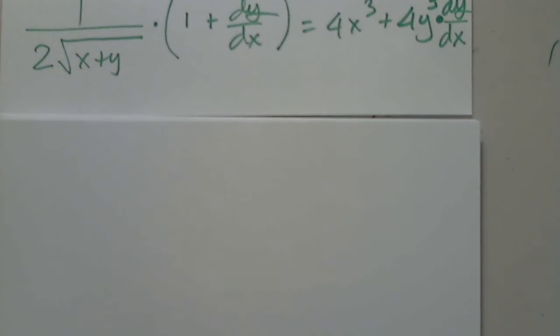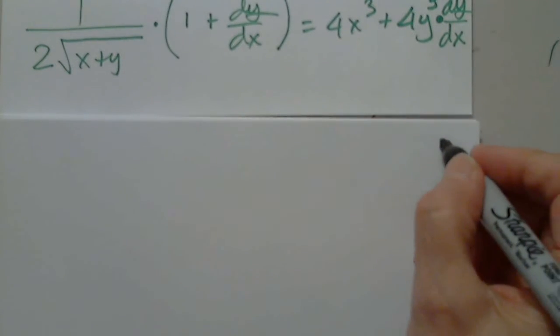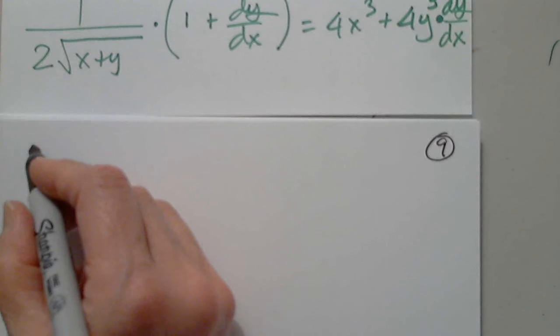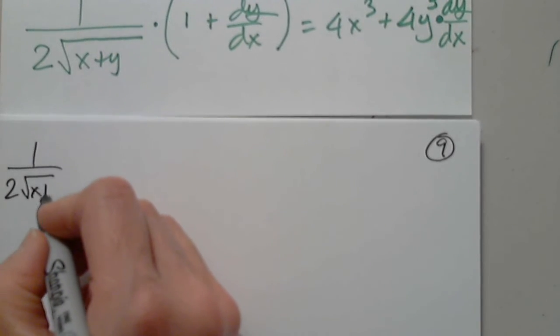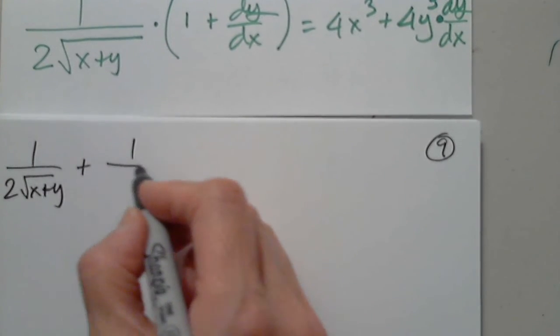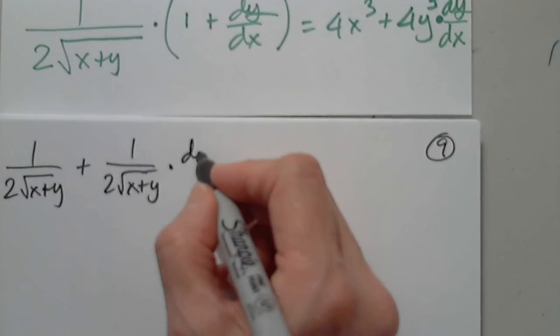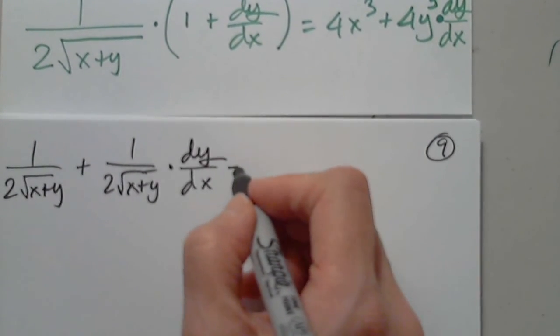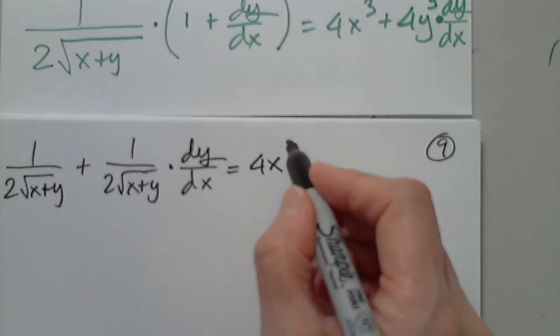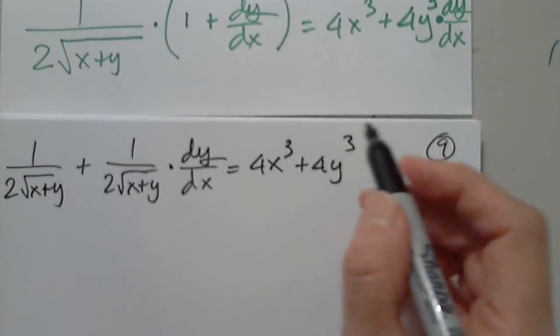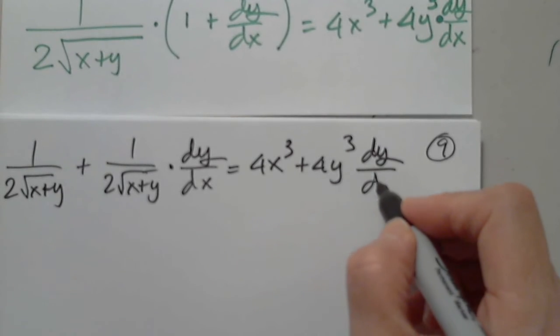So, I'm on my page 9. So 1 over 2 the square root of x plus y plus 1 over 2 the square root of x plus y times dy over dx equals 4x to the third, 4y to the third, dy over dx.